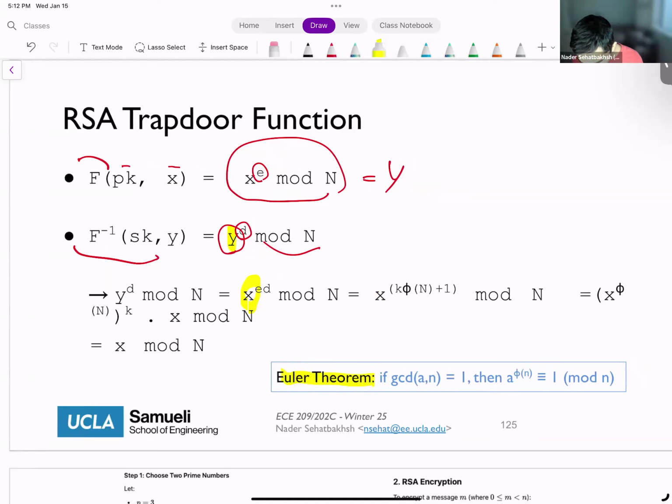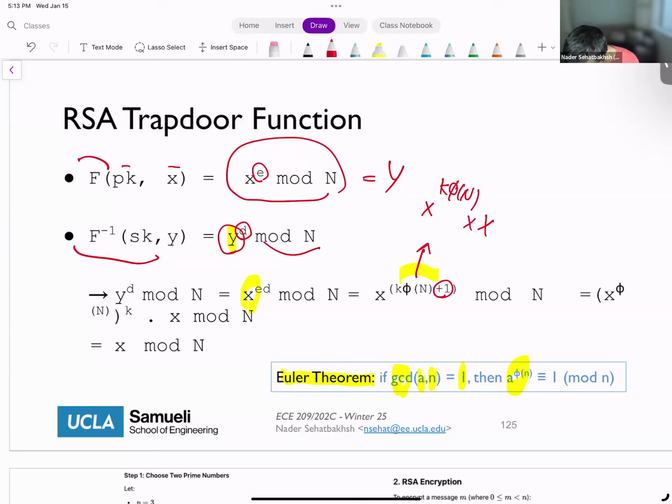And here's where phi of n plays a role. There's this theorem: if the greatest common divisor of a and n is equal to 1, then a to the power of phi n is equal to 1 mod n. In this case, we will have x to the power of k phi n times x.